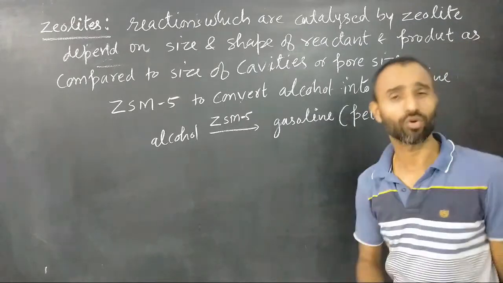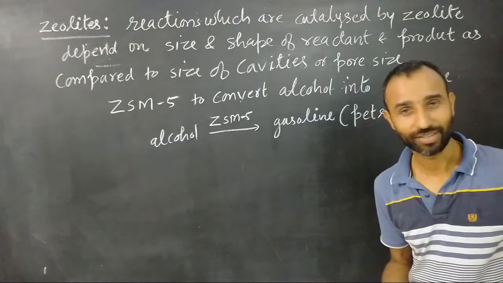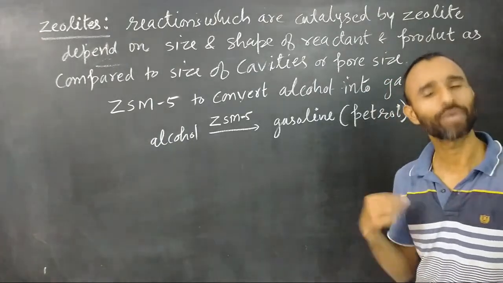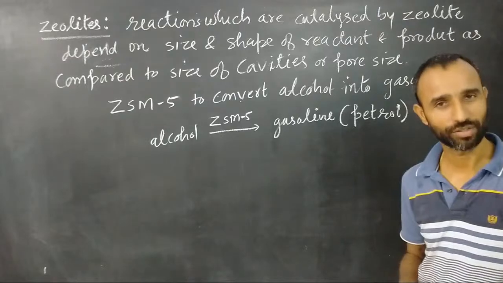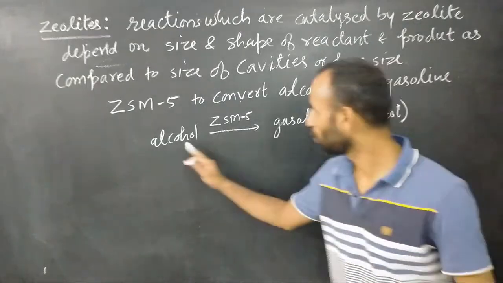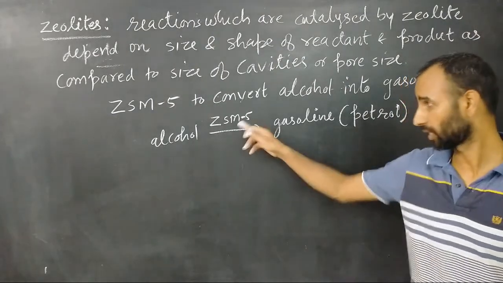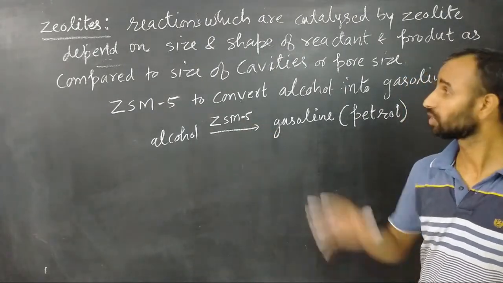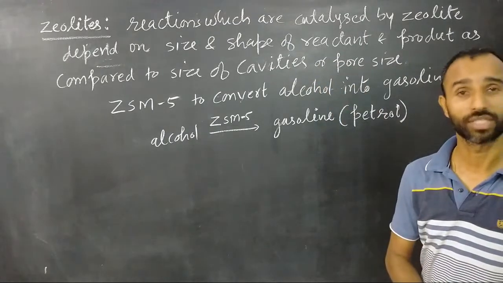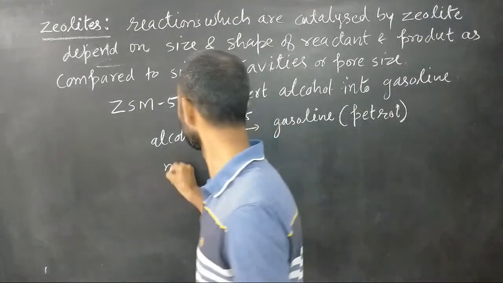It is small hydrocarbons which are gases. That's why it is called gasoline. Under pressure it is liquid. Okay. So alcohol turned into gasoline by ZSM5. Very very important zeolite. So this is all about zeolites. These are actually microporous structures.